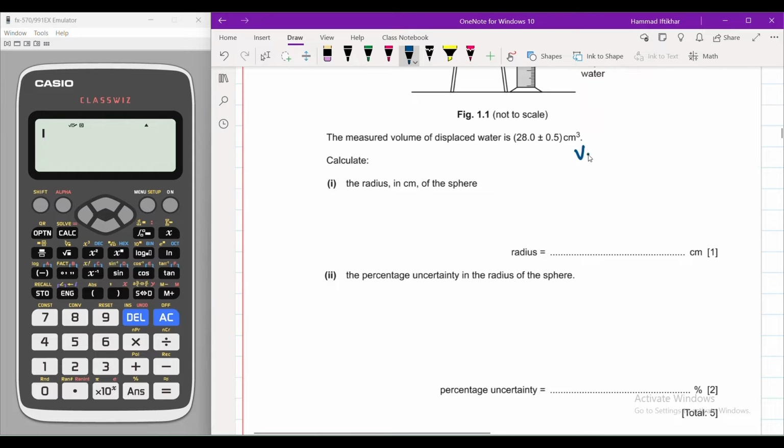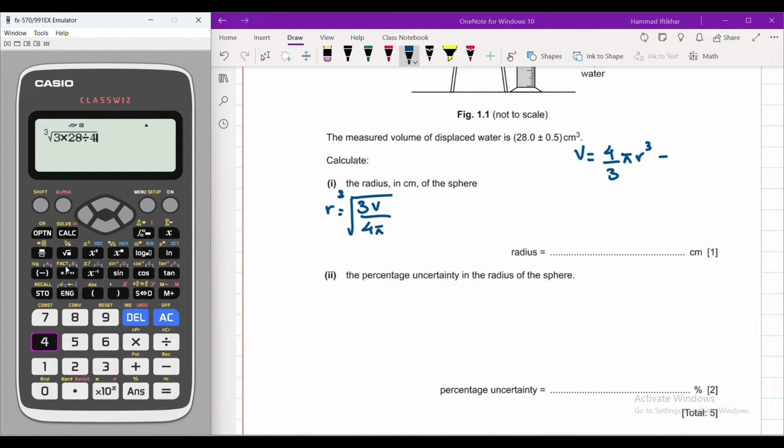So volume of the sphere, we have done this in maths also in secondary classes. That's 4 over 3 pi r cubed. So radius would be written as the cube root of 3V over 4 pi. So we have cube root of 3 times 28 divided by 4 pi.